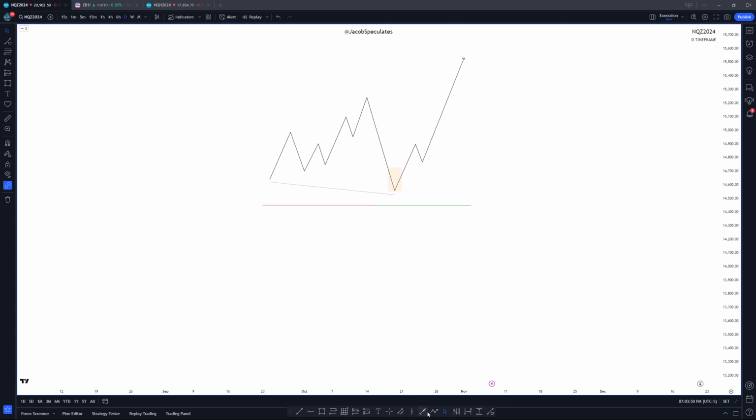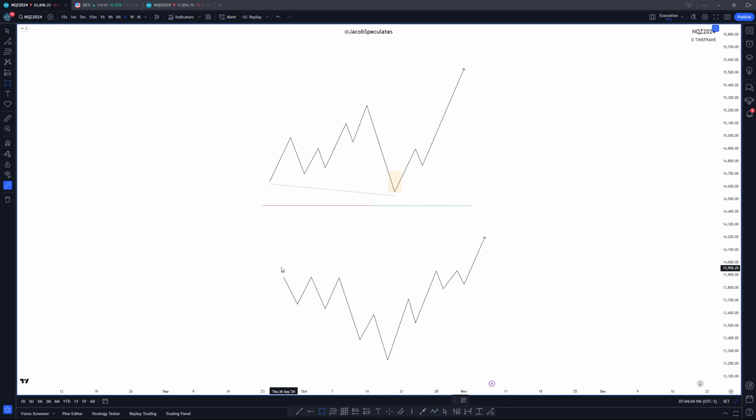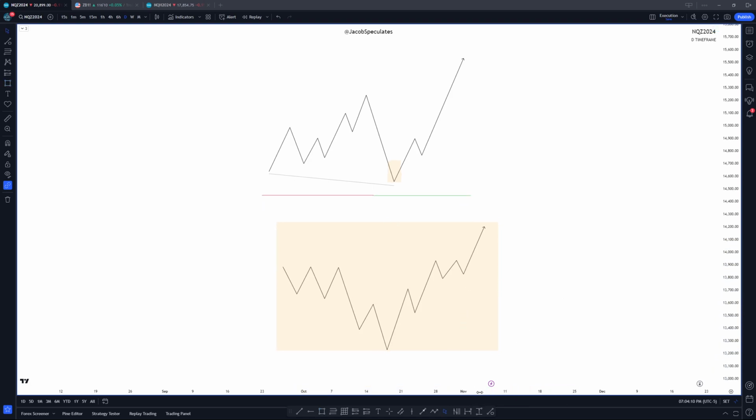And yes, I'll review this more in the future. But pretend this little highlighted area is just this on a lower time frame, right? So you have sequential SMT as normal, and then precision swing point right here. Within that precision swing point, you'll see something along the lines of this.